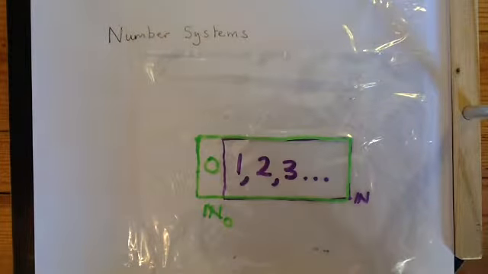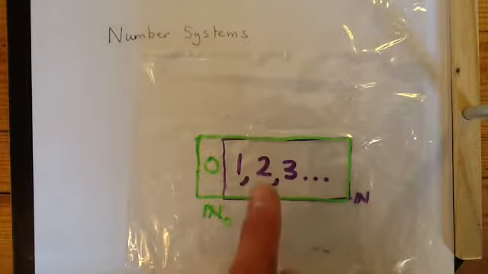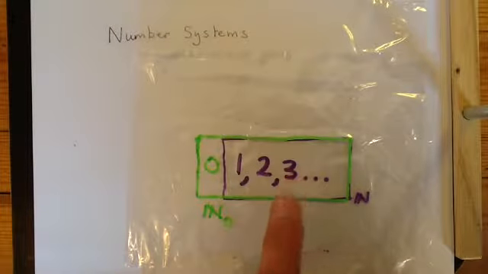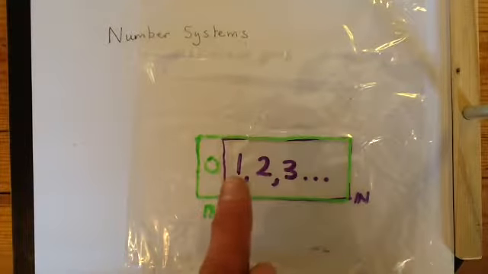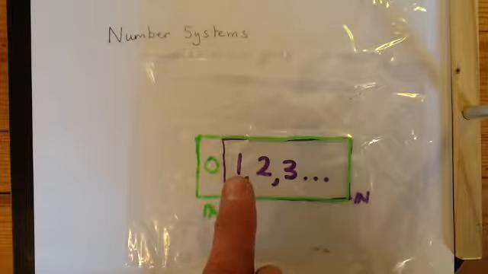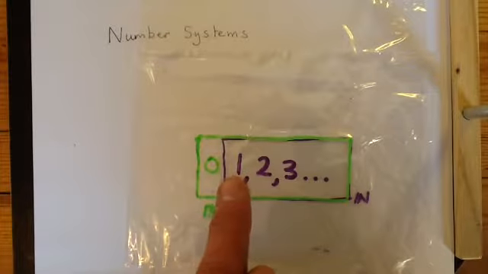Now we're fine, but say we subtract. So say we take 3, take away 2, that's fine, it's 1, it's a natural number and a counting number, or a whole number, so that's fine.